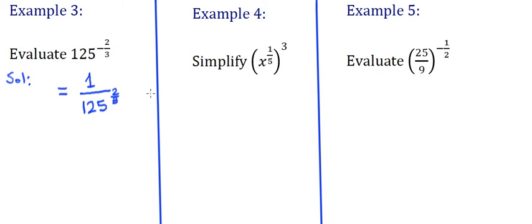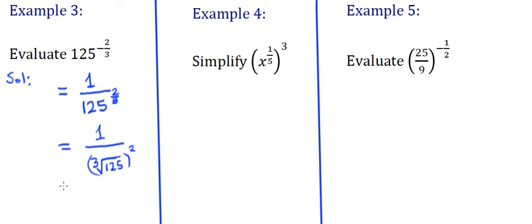Remember, when you deal with negative exponents, you write 1 on the top, and then you write this stuff on the bottom with the exponent positive 2/3. Now, further, we know what to do here, right? 125 raised to 2/3, since the base is a number, is simply equal to the cube root of 125 raised to the second power.